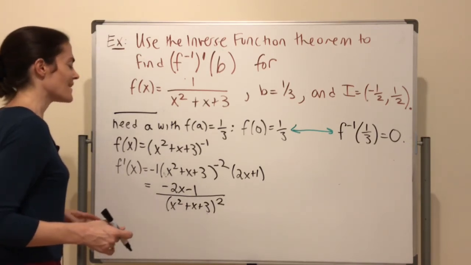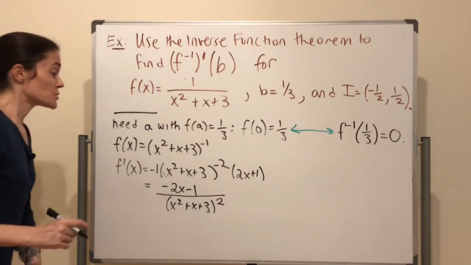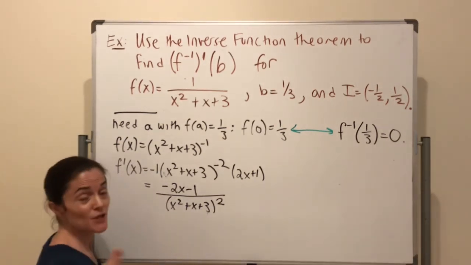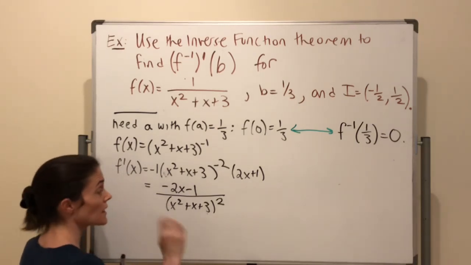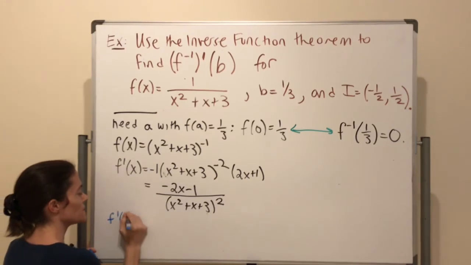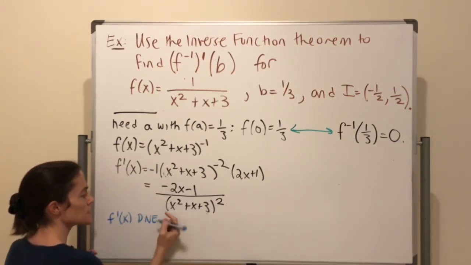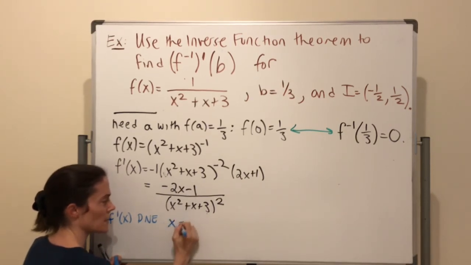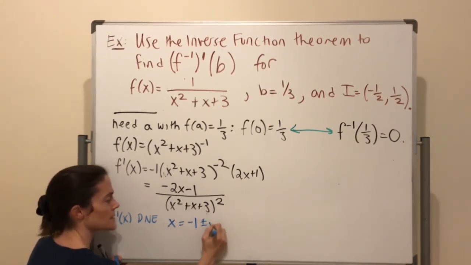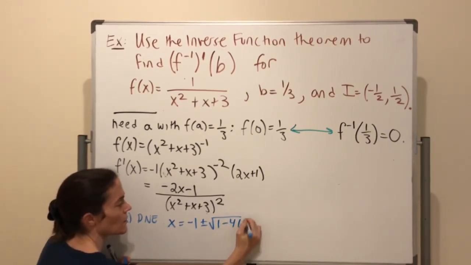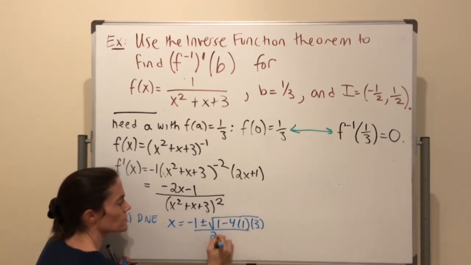Okay, where's the derivative 0? Where's the derivative undefined? We need to make sure this function is differentiable on all of I. So this is a very good thing to think about. The derivative does not exist when the denominator is 0. This would be negative b plus or minus the square root of b squared minus 4ac, all over 2a.